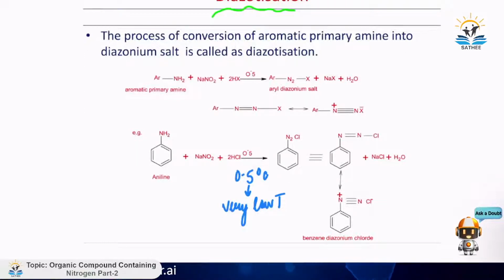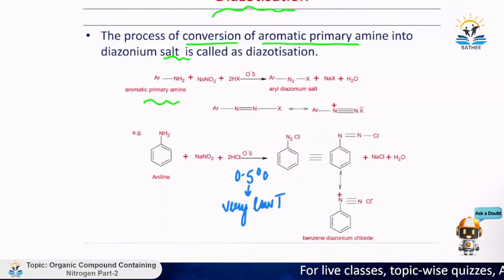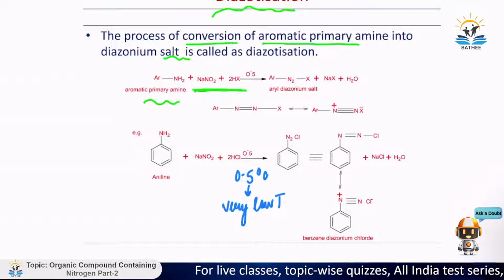So what is diazotization? We convert aromatic primary amine into diazonium salt. So this is aromatic primary amine. We do the reaction of this amine with NaNO2 in the presence of HX. X can be HCl, so Cl, Br.